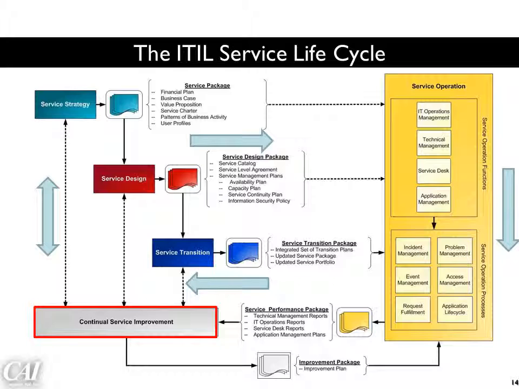It's a loop. You can adjust your strategy from continual service improvement. You can adjust the design of your service from continual service improvement. Any service changes identified by continual service improvement must be implemented back into service operations through service transition.